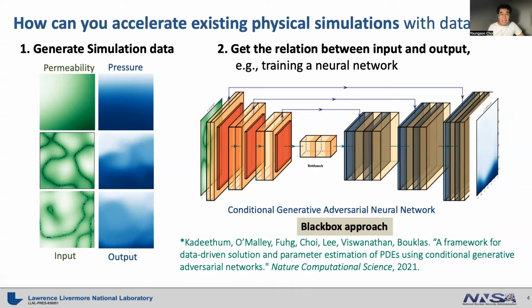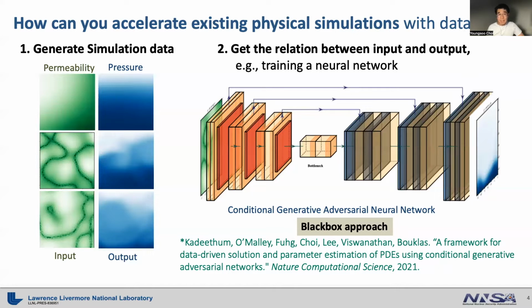However, this is a black box approach because we blindly relate input and output data with some neural network structure, which we do not have much control over and which we do not understand deeply. So once the neural network is trained with some given data, it is what it is.